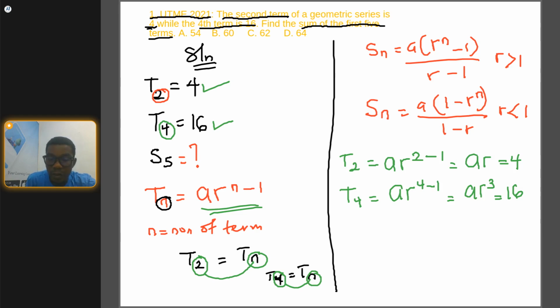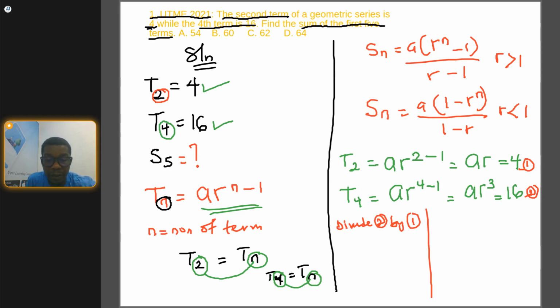So let's call this equation 1 and this equation 2. How do we get the value of A and R? To do that, we are going to divide equation 2 by equation 1.